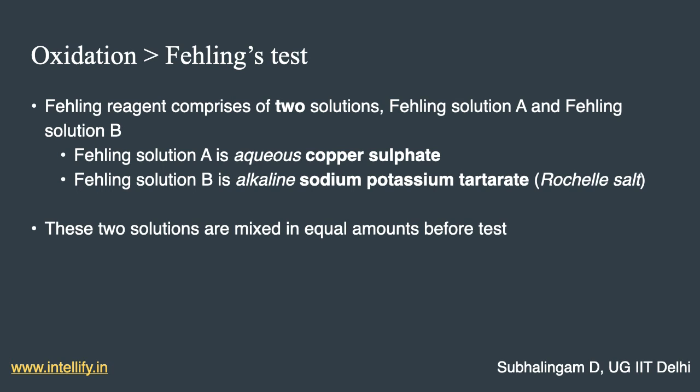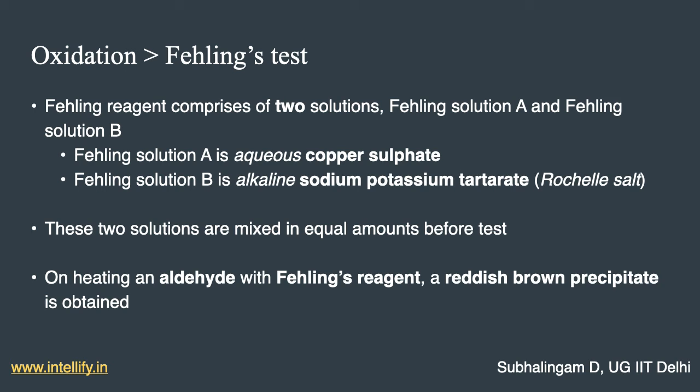These two solutions are mixed in equal amounts before the test. On heating an aldehyde with Fehling's reagent, a reddish brown precipitate is obtained. So the presence of a reddish brown precipitate is a confirmation of an aldehyde present in that compound.